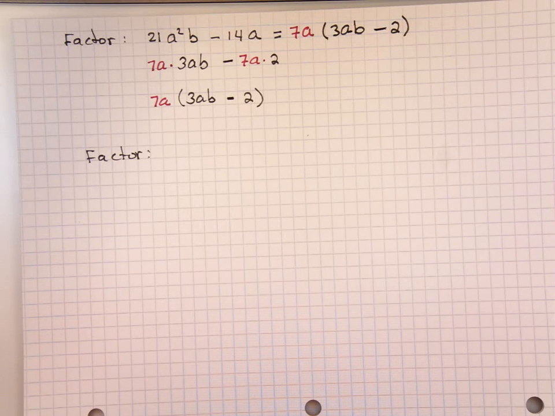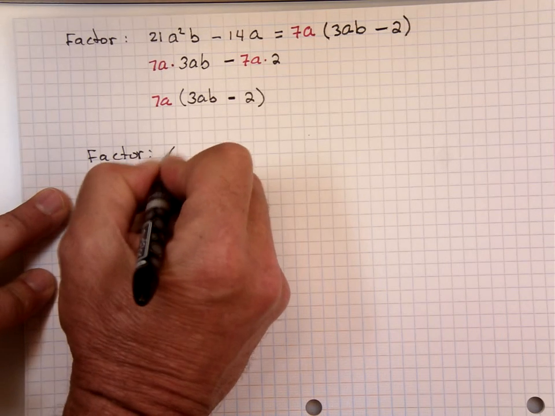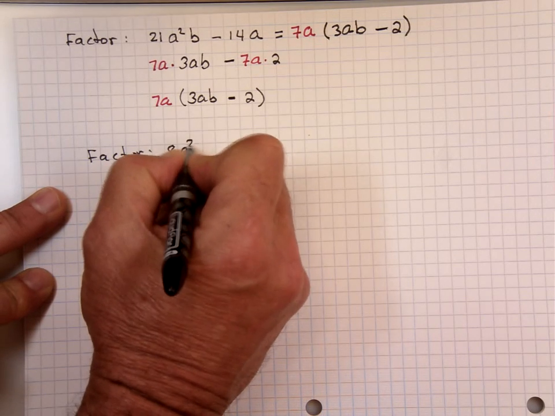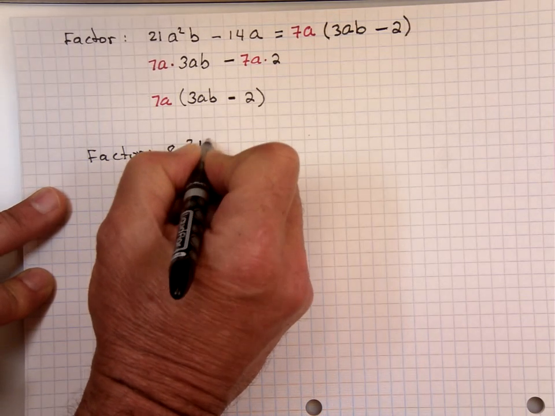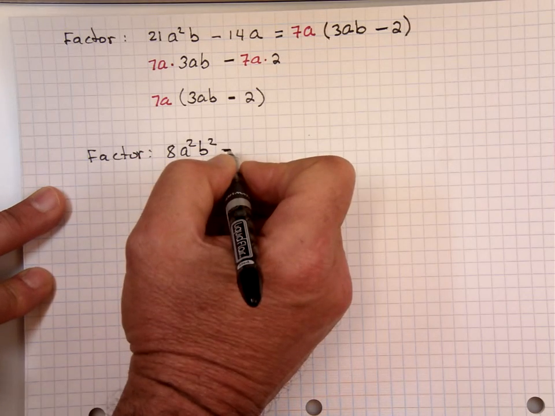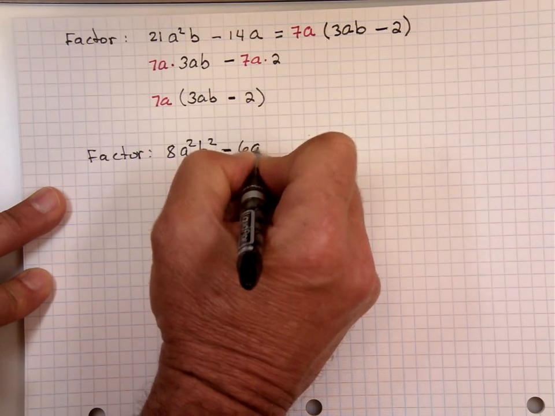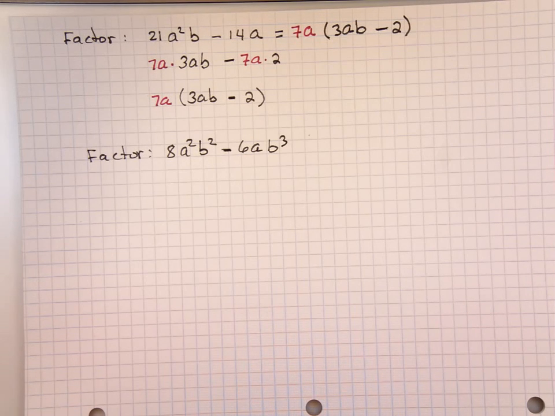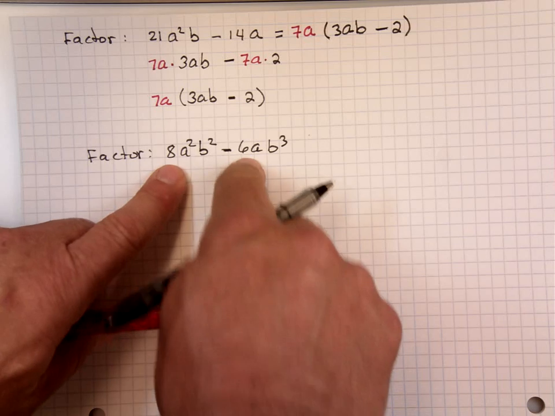And what is left in this is only the black writing, the black ink. Let's take this one, 8a squared b squared minus 6ab to the third. Let's begin with the numbers. 6 and 8, they're both divisible by 2.